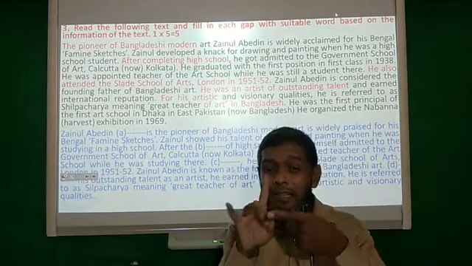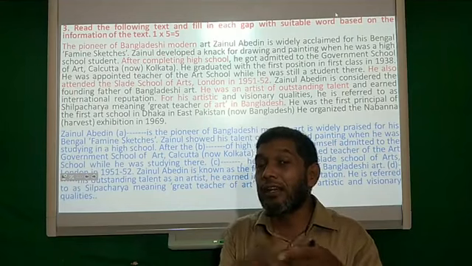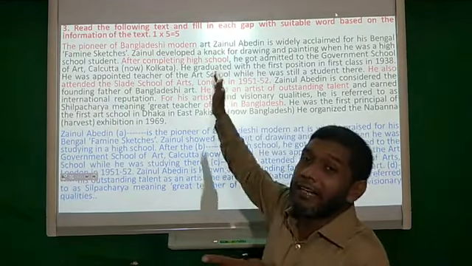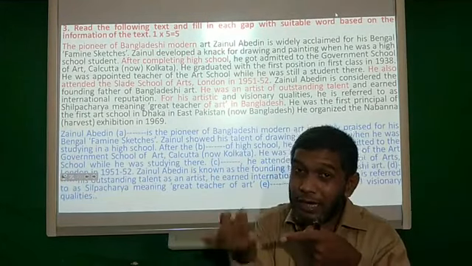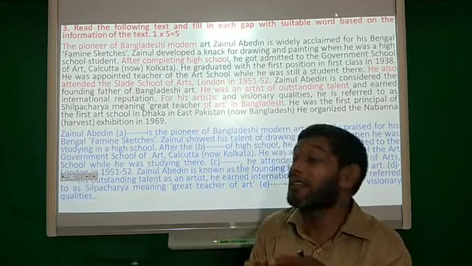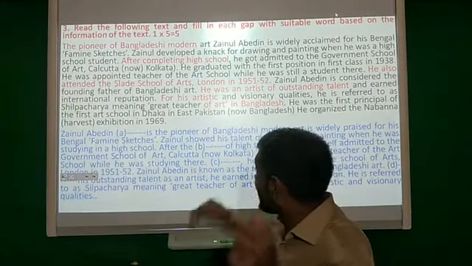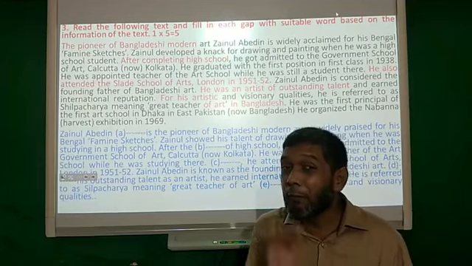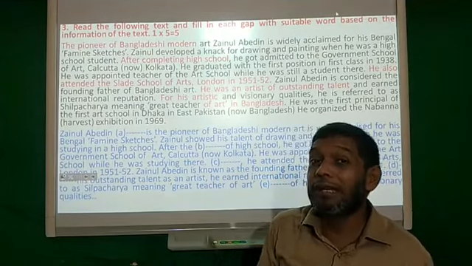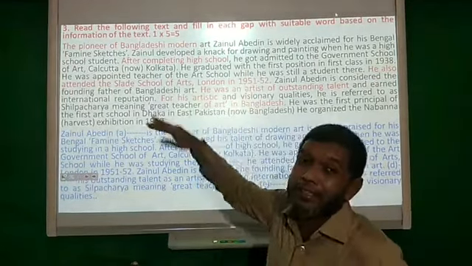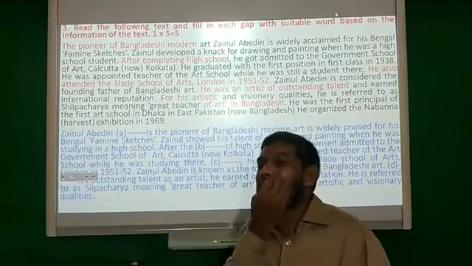Whether the sentence is in the same form or not, whether it is active or passive, it may be changed from active to passive, from affirmative to negative, from positive to comparative, comparative to superlative. But you must remember that you have to get all the answers from the passage. You cannot bring the answer from the outside.